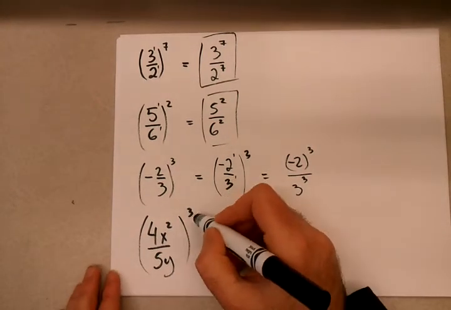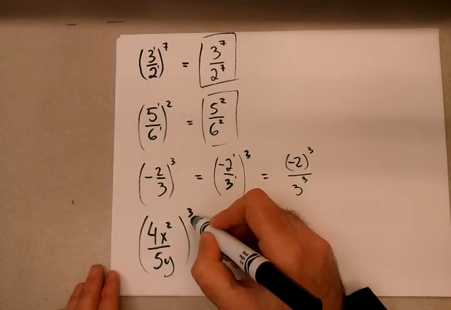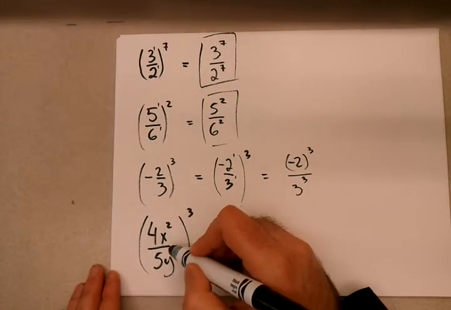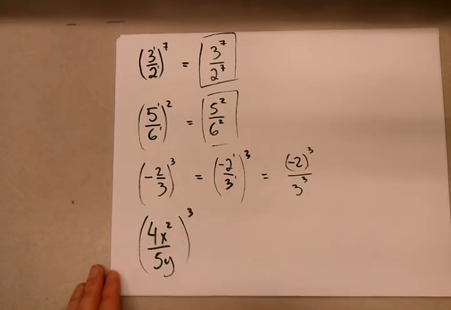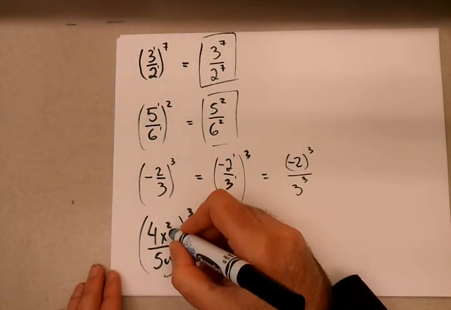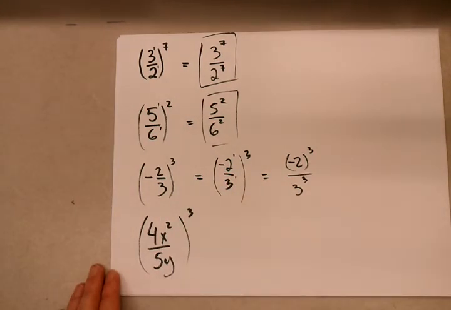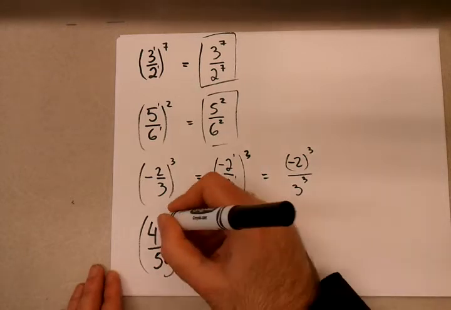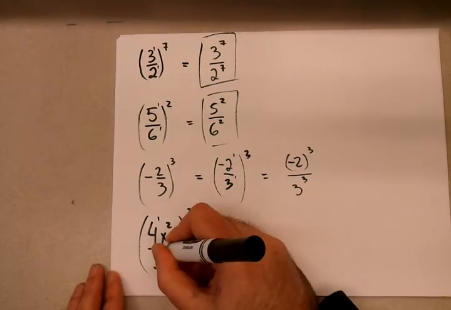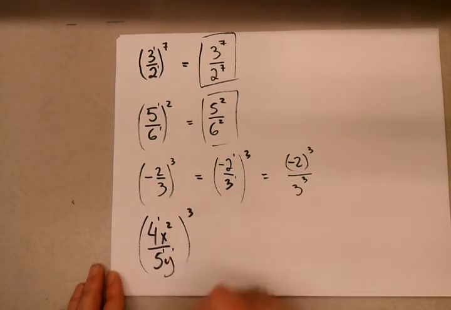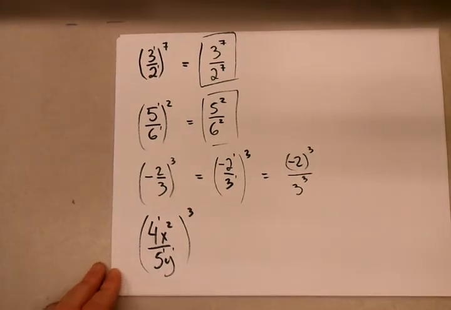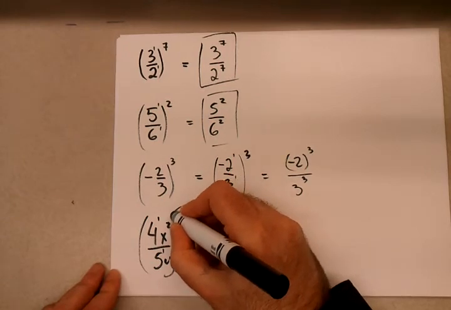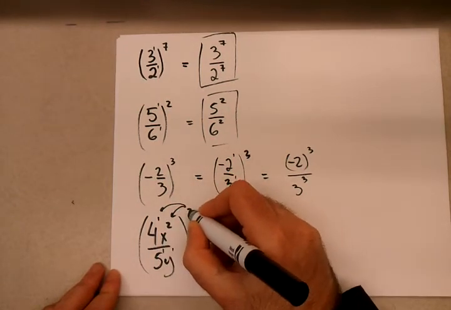So the exponent 3 that's outside here, it's an external power, has to be distributed to every single internal exponent multiplied. So if there are any invisible exponents, you have to show them. So the 4 has an exponent of 1, the base 5 has an exponent of 1, the base y has an exponent of 1, and the x already has the squared exponent present.